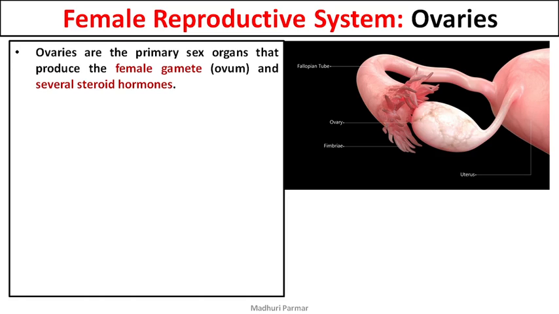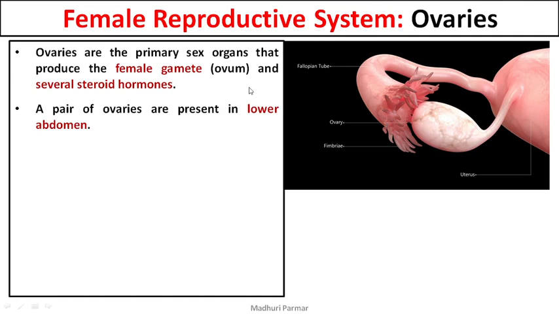Primary sex organs means the organs which actually generate your gametes. So if any organ is generating the gametes, it is known as a primary sex organ. The primary sex organ in females is the ovaries. It generates the female gamete, also referred to as the ovum, and several steroidal hormones.